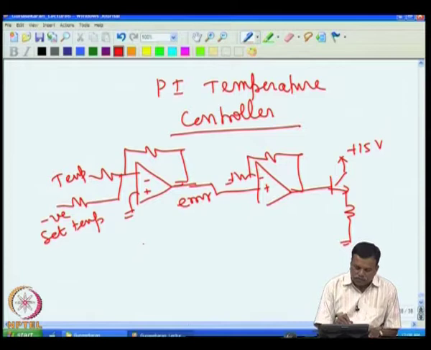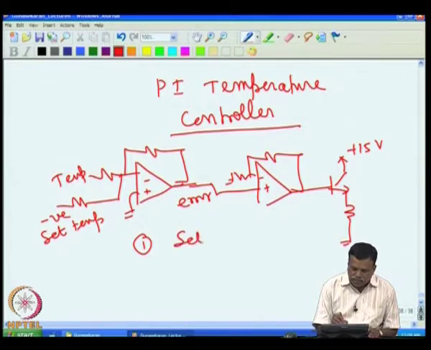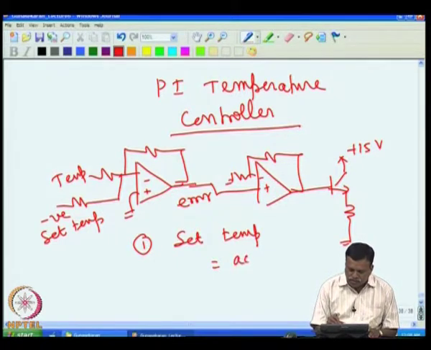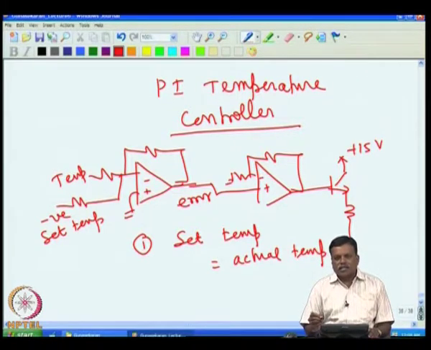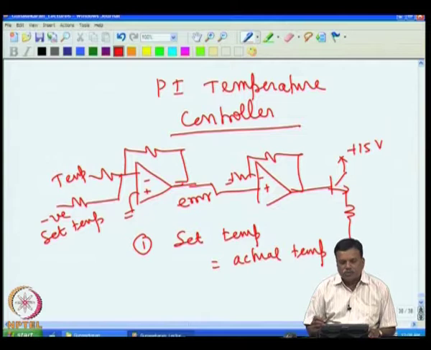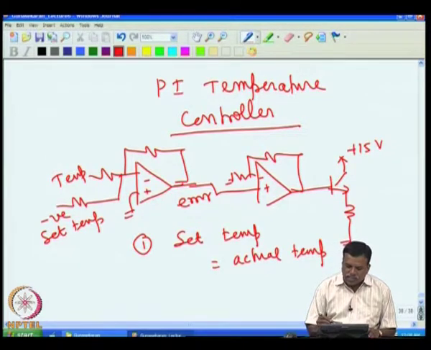The problem here was that the set temperature is not equal to the actual temperature. So, if you set at 70 degree, you will not get a 70 degree stabilized oven, but you will get a little less than 70 degree.